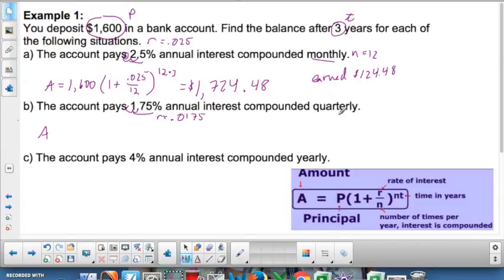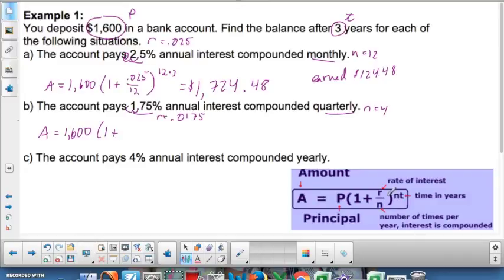And it's compounded quarterly. Quarterly means that it's being compounded 4 times. Quarters, like there are 4 quarters in a dollar, and there are 4 quarters in a football game. So n is equal to 4. The only thing that's going to change here, I've got the same initial amount, because we're still talking about the same account. My 1 stays the same.